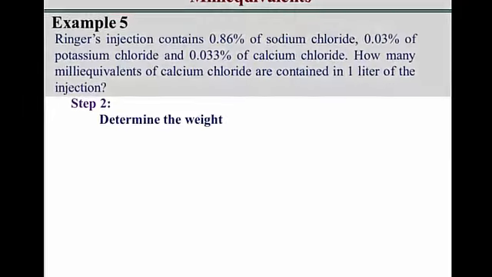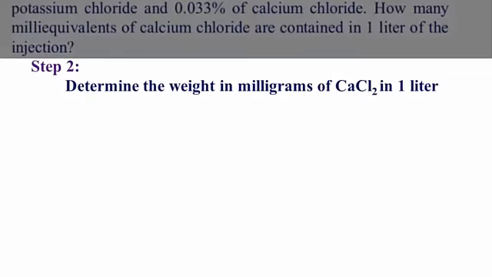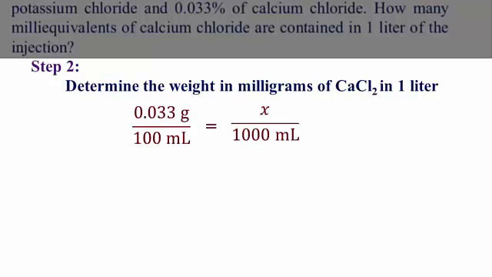We need to be able to determine the weight in milligrams of calcium chloride in 1 liter. We were given the percentage strength, which is 0.033%, which means 0.033 grams in 100 milliliters. And so we can set up a proportion because a liter is 1,000 milliliters.